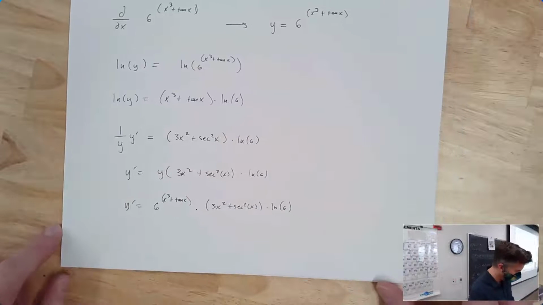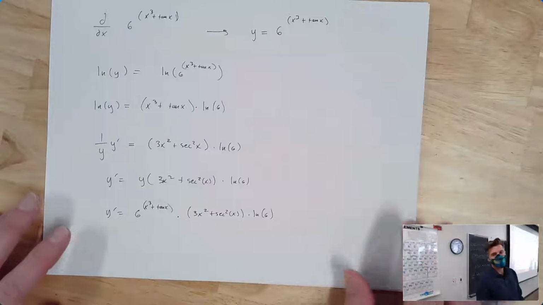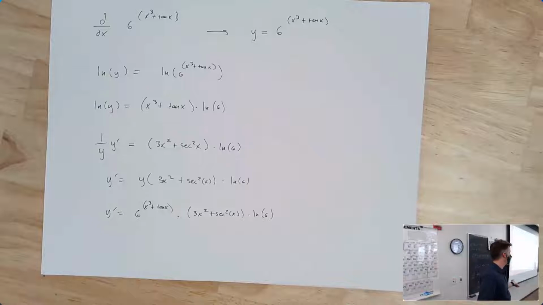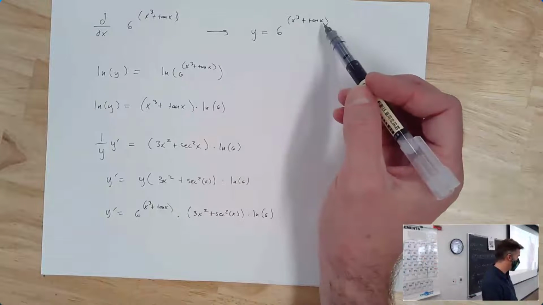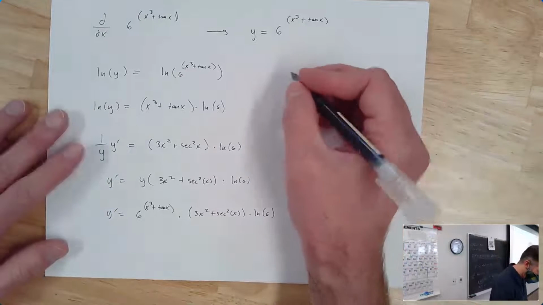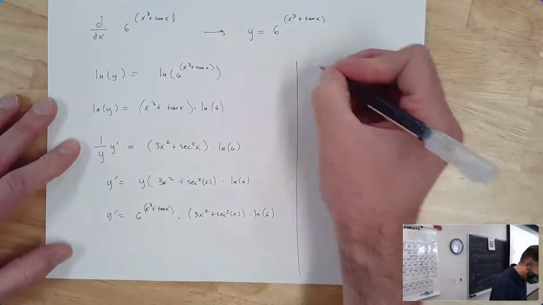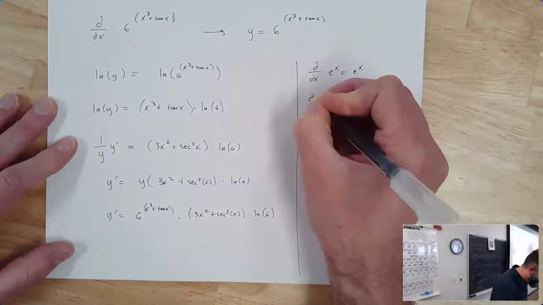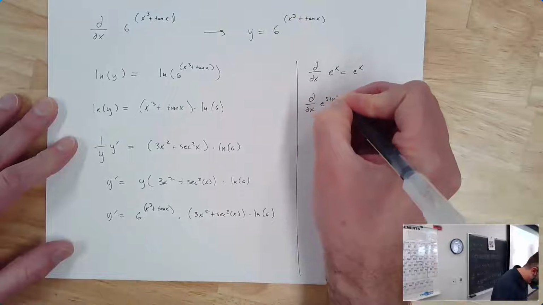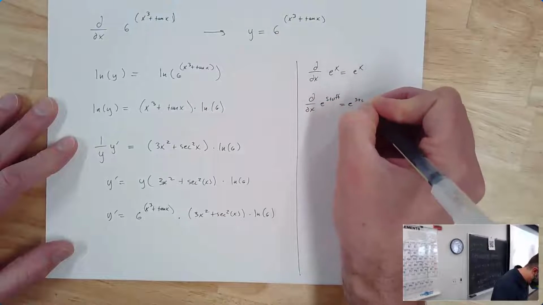The thing I'll say about this is that generally it's thought of as perfectly fine to memorize the formula for when you have a base to a complicated power. So we know the following kind of rules. We know the derivative of e to the x is e to the x. We know the derivative of e to the stuff is e to the stuff times the derivative of the stuff.